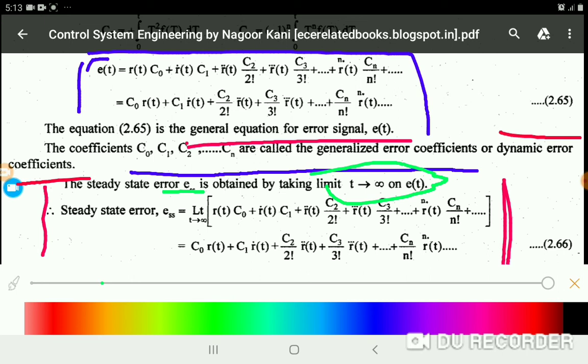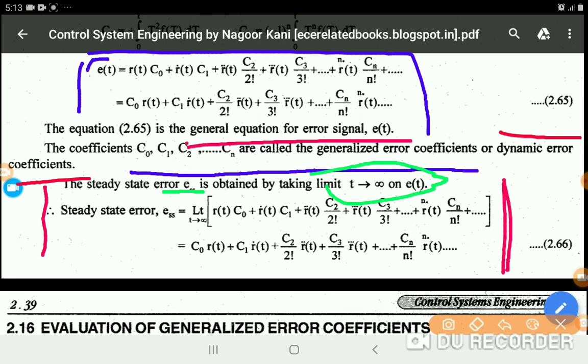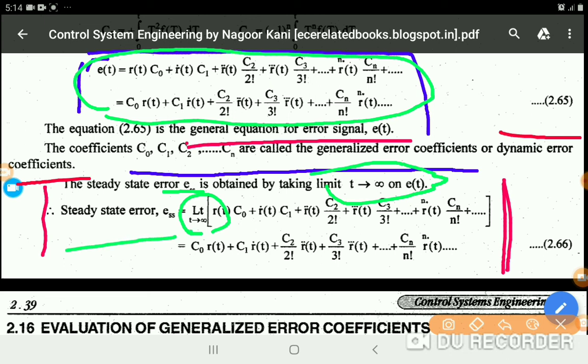What it means is you take the e of t expression as it is, what we discussed before, and simply put the limit t tends to infinity, then this e of t equation becomes the ESS equation. So this is the last expression, c0 r of t plus c1 r dot of t and so on; the ESS equation comes around.